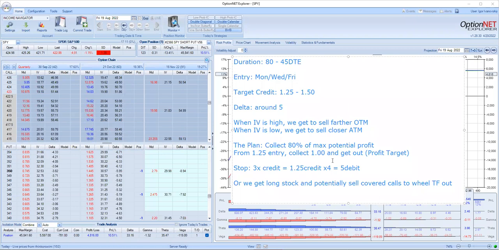Now, if you're going to use notional value of all of your positions, then your ROI number is going to be really low. But if I look at my buying power that was required since the beginning of this campaign, I don't think that buying power in a portfolio margin account was ever higher than maybe 30,000.